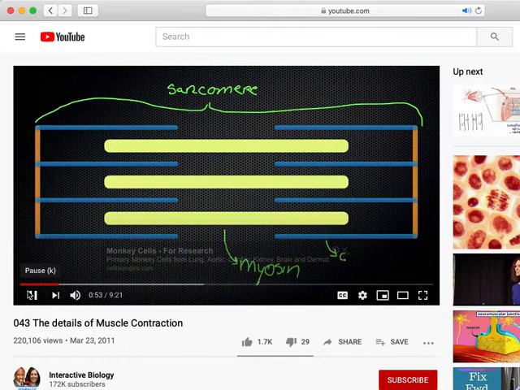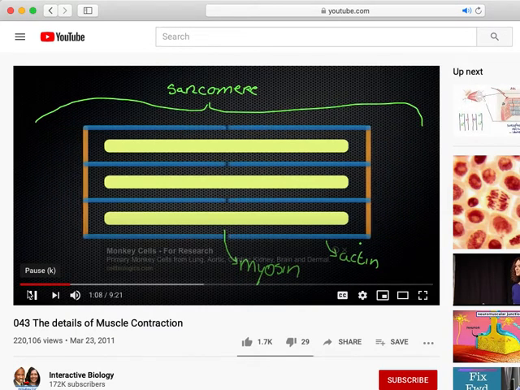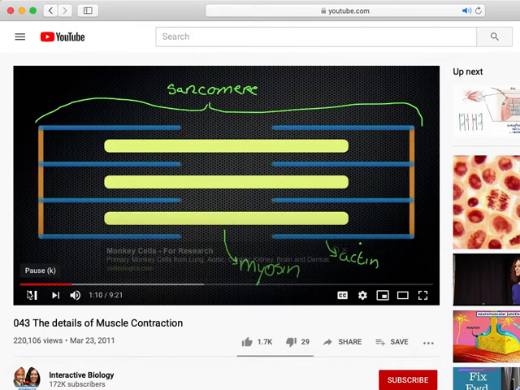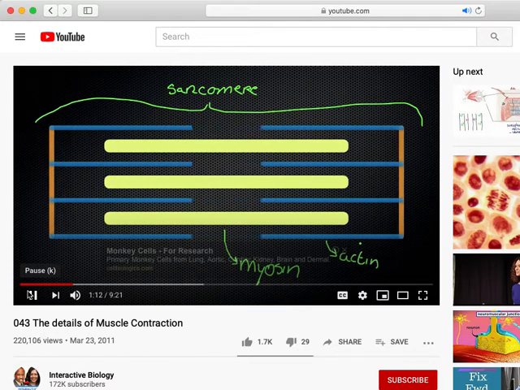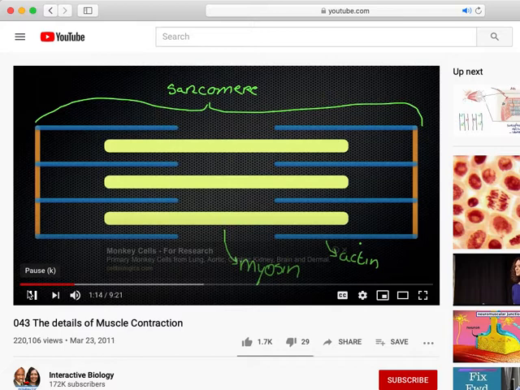And we said that we had a thick filament that was called myosin, and we have a thin filament that is called actin. And we said that when muscle contraction happens, the motor neuron releases neurotransmitter that stimulates calcium release. And when that happens, the fibers slide against each other, just like this. So as the muscle fibers become shorter, that is the muscle contracting. And you can clearly see that in this animation.